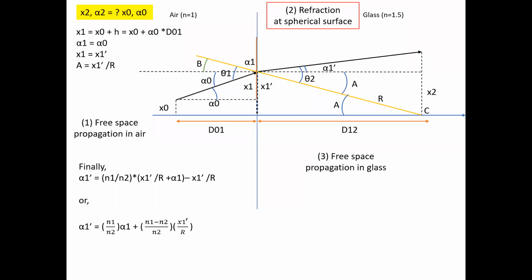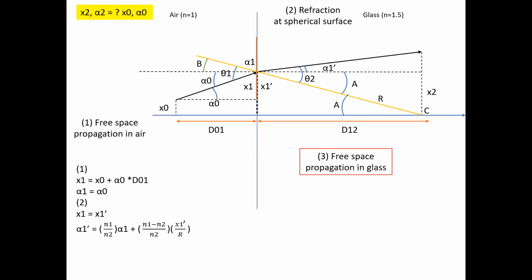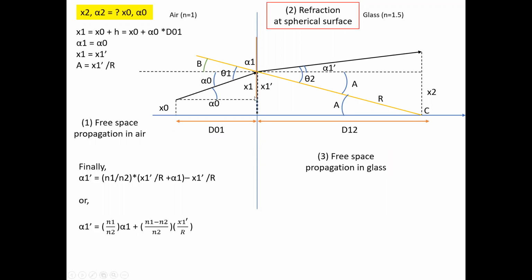It will be helpful for you. The slides will be provided, so you can just redo the math by hand, I would suggest. Okay, so this is the refraction at spherical surface equation. Free space propagation equations were here, the height and the angle, refraction height and angle, done.